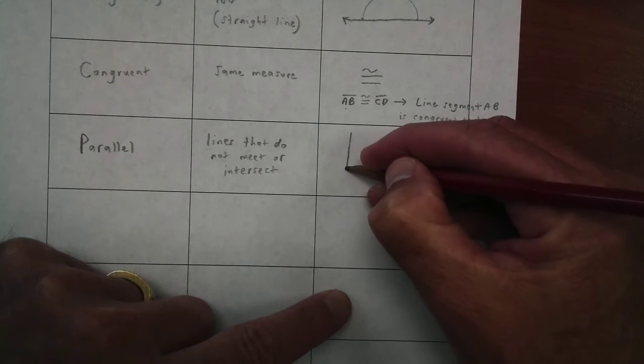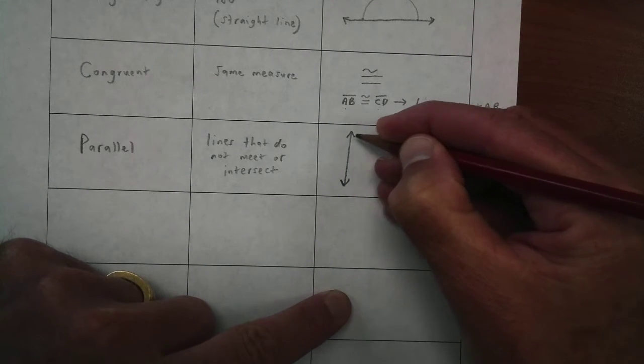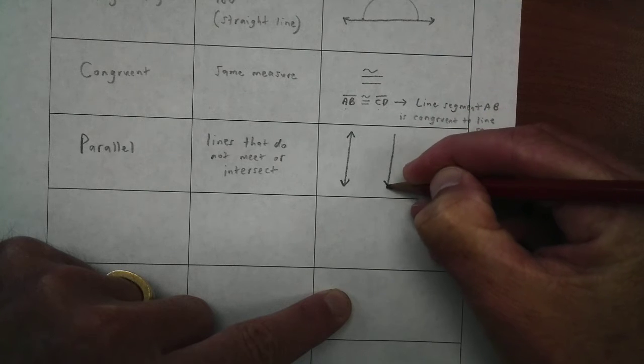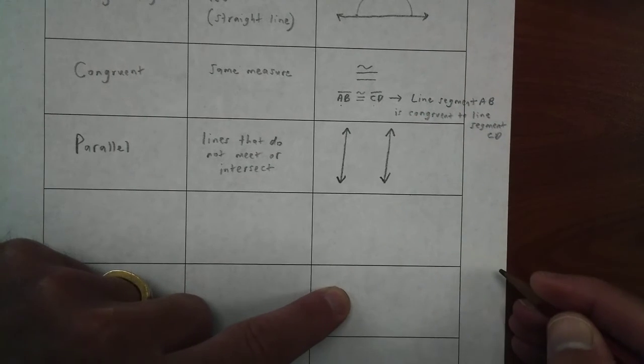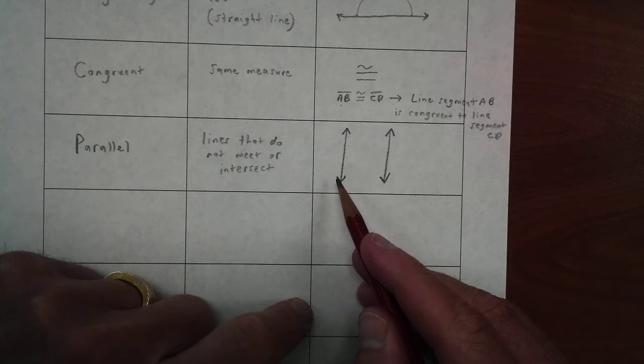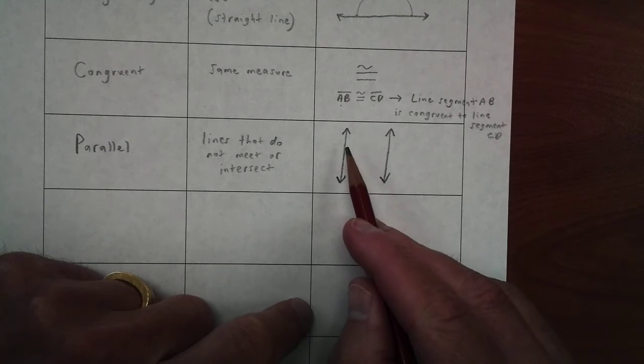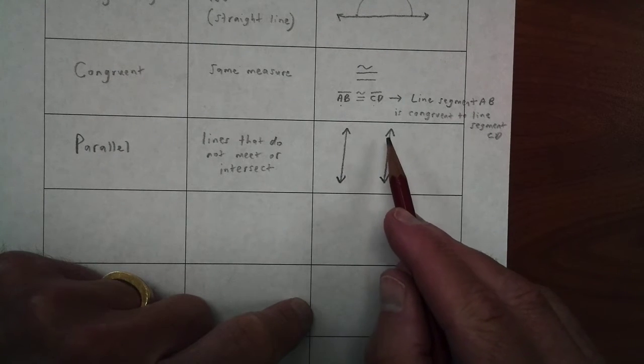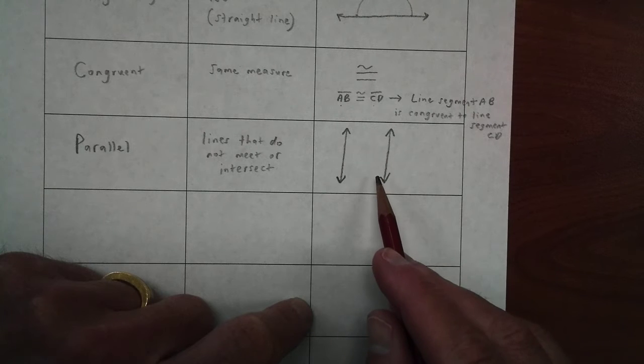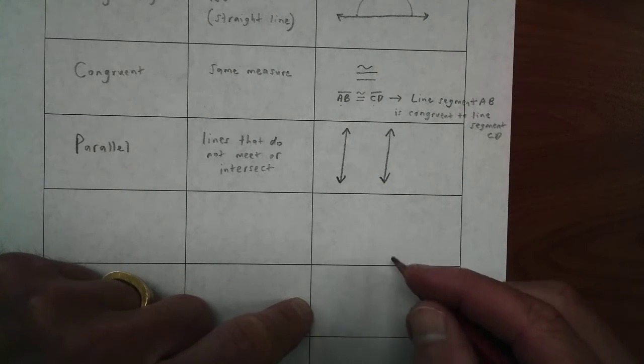So here's a line here. Here's a line here. Those lines are parallel lines. In fact, if you try to parallel park, if this is your car, you're trying to park it as close to that curb as you can. So you're doing a parallel park.